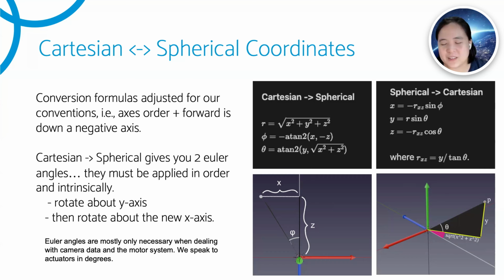Is it possible to talk to the motor system not in angles? I know you can't just say, go look at XYZ and it will do that for you. We have to give it some kind of angle, like rotate, yaw, pitch, whatever, 45 degrees, so that you can actually look at this.